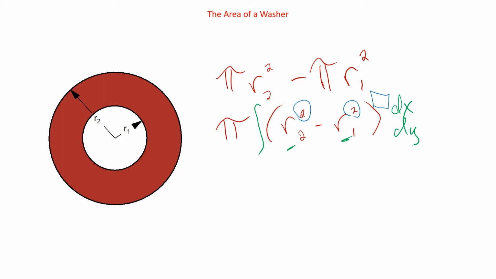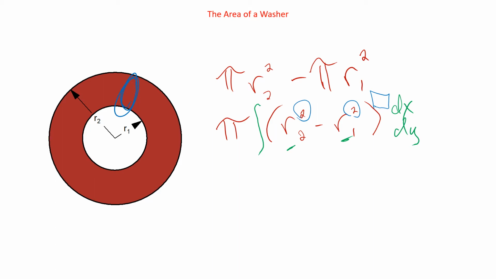It's not out here like it was in section 2, because in section 2, we were just taking this distance and doing something with it. Now, we have to take the full area minus the other full area, and that does make a difference.